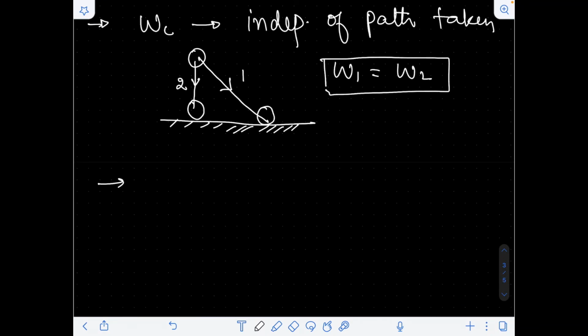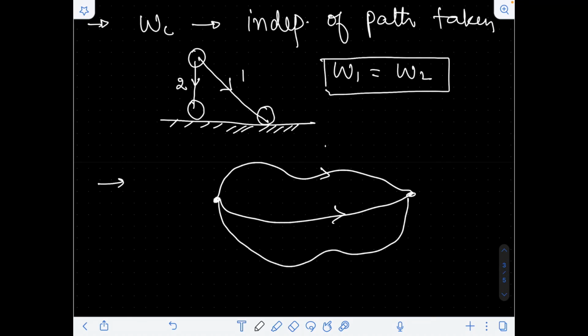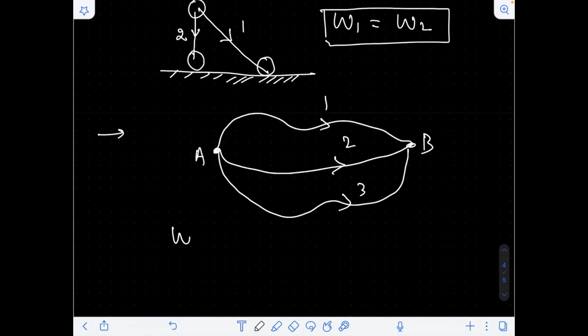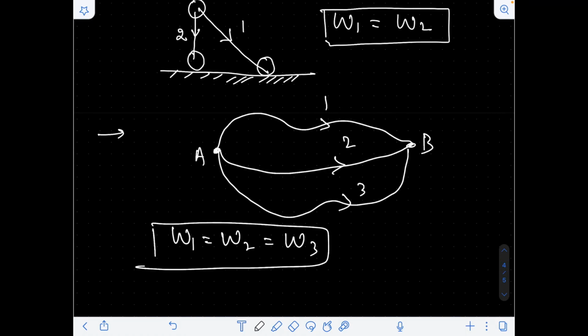It means that if an object follows this path 1, 2 or 3, the initial and final positions in all three paths are the same, therefore the work done W1 is equal to W2 is equal to W3 under conservative forces.